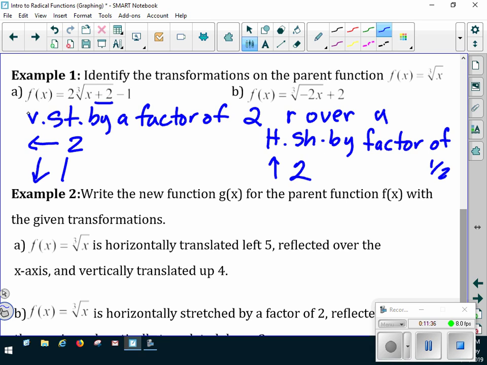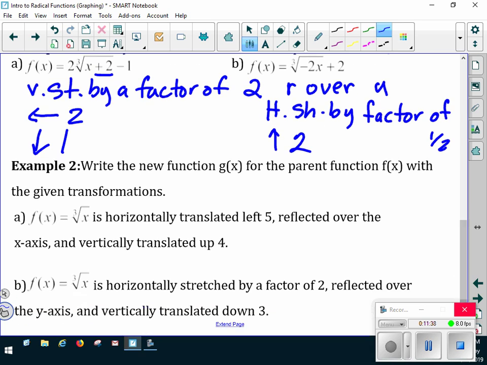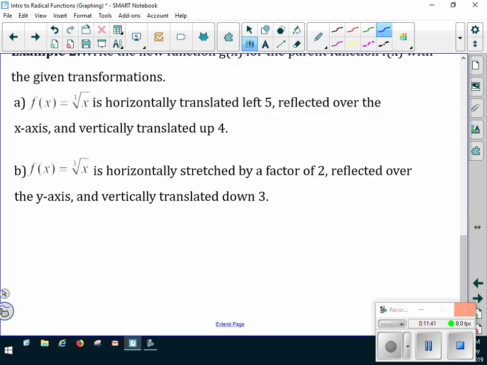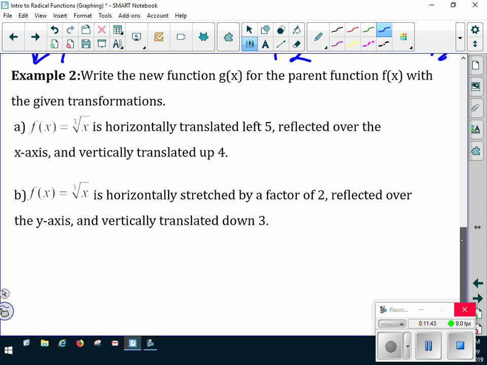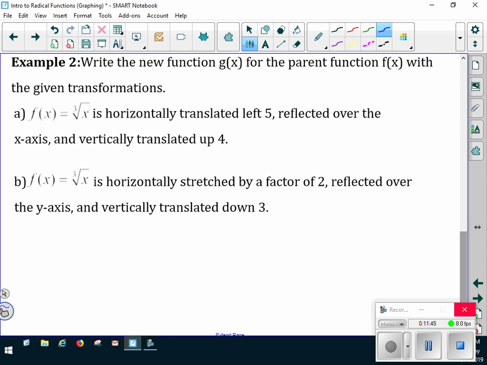Up 2. All right. Look at example 2. We're going to write a new function. Here's what we're told. The parent function is cube root of x. Now take a look at the things that are happening to it. Horizontally translated left 5.